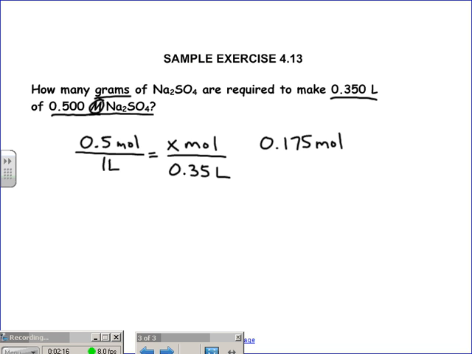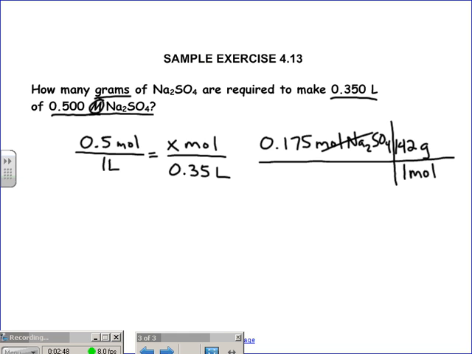So now that I have moles, what can I do with that? I can always convert it to grams. Yay, grams. Moles to grams. So I'm going to take that many moles of, remember we're working with sodium sulfate, and I'm just going to do a simple mole to gram conversion. So 1 mole of that stuff has a mass of 142 grams.